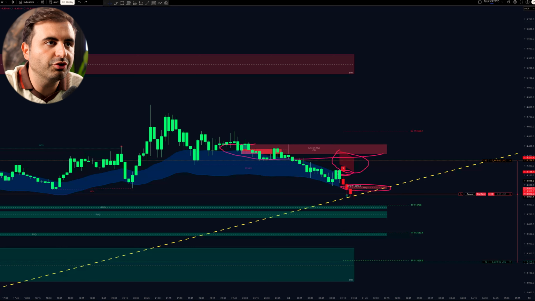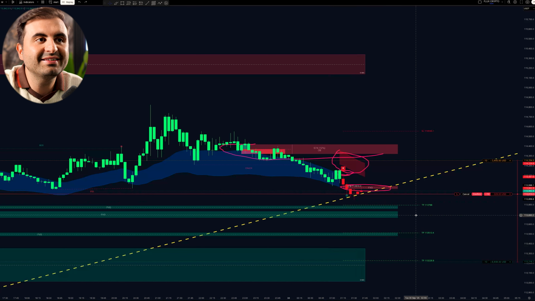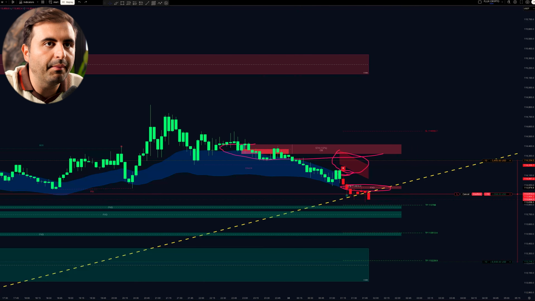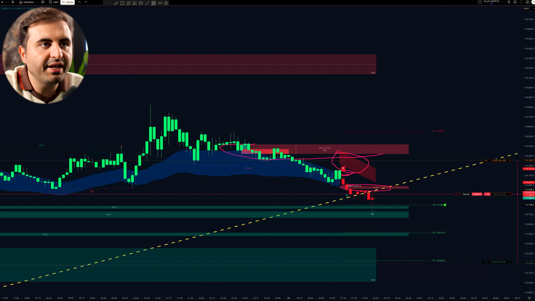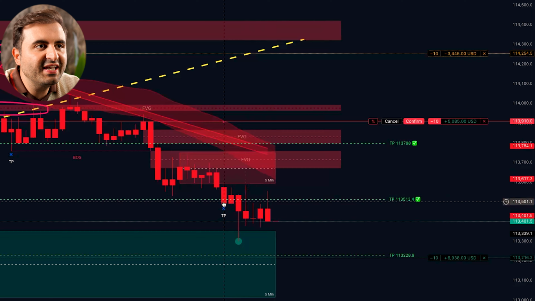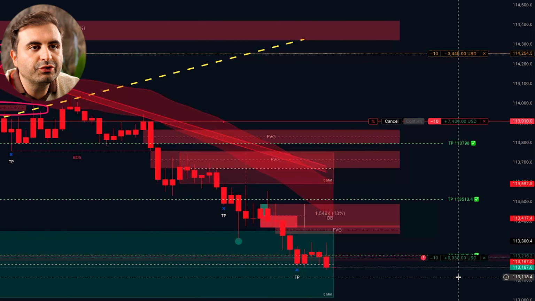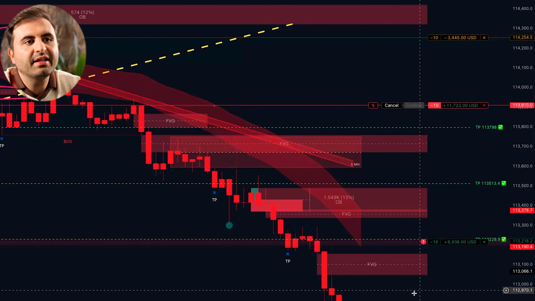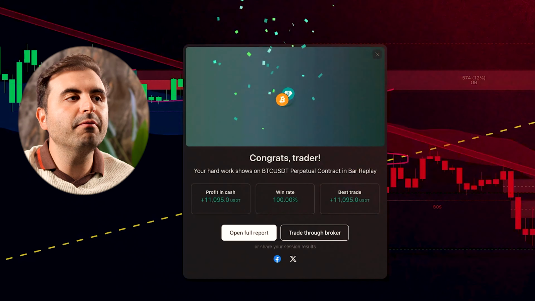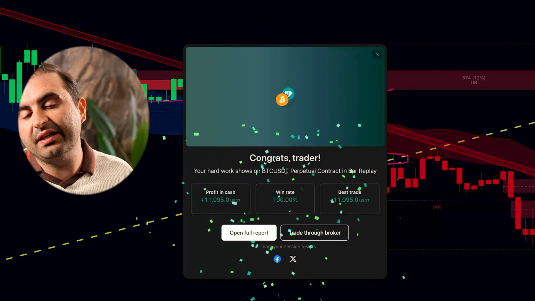I want to take partials on the way when the price hits the TP levels over here. So we are in profit now, and as you can see, we just received the first TP from Flux Charts. Alright, we just hit the second take profit level, and now we are heading over to the third, and you can see that we just smashed all the take profit levels. So our profit is $11,000 with this simple strategy.